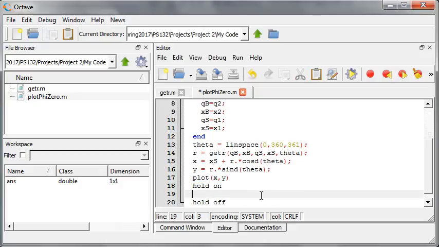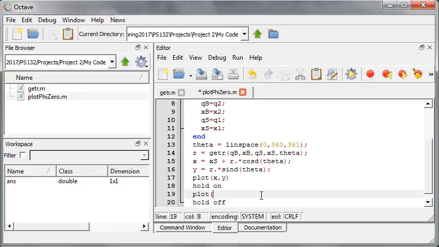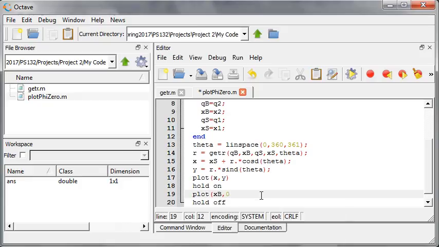Alright, so I want to plot X big, the position of the particle that's got the greater magnitude charge, comma 0.